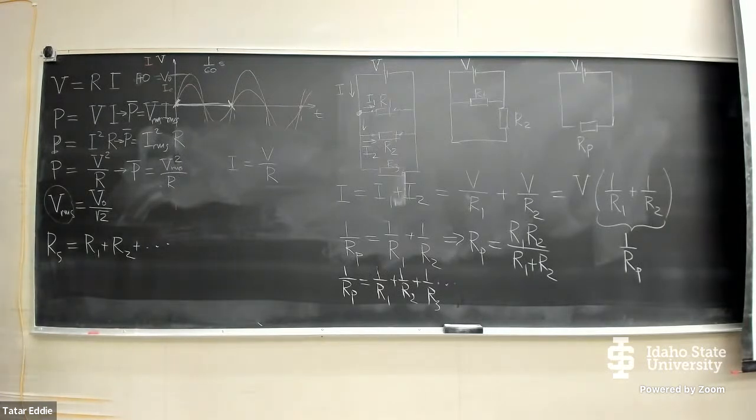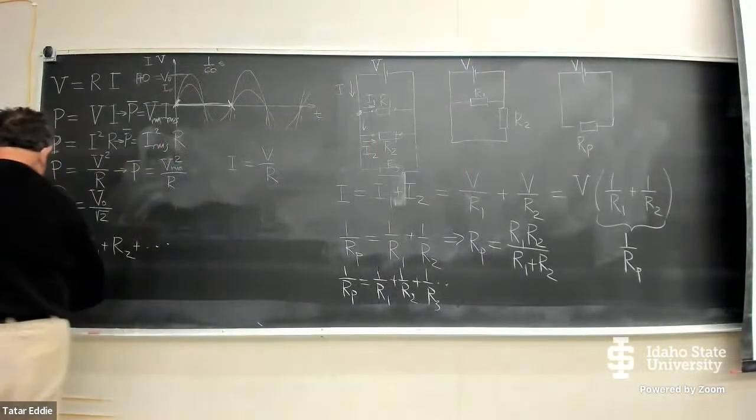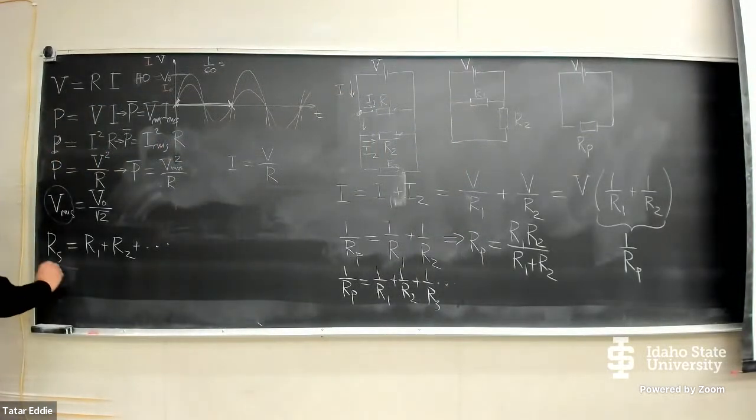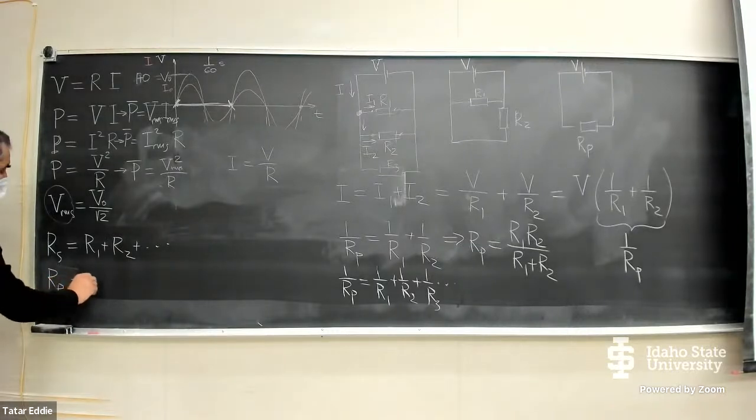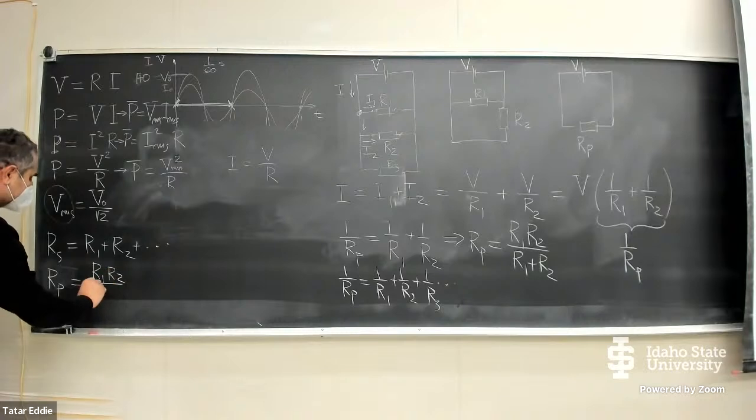So in the memory bank, let's put the resistance of two resistors connected in parallel. It is equal to the product divided by the sum.